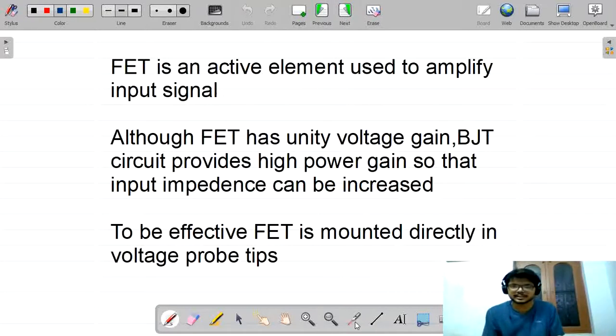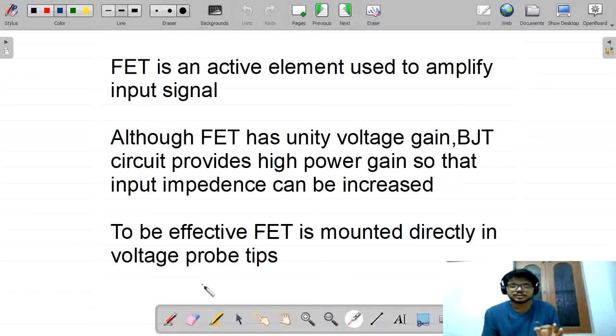From this we can see the FET is an active element used to amplify the input signal. We know this point. Although the FET has unity voltage gain, the BJT circuit provides a very high power gain, so input impedance can be increased. It is the second point which is very important.